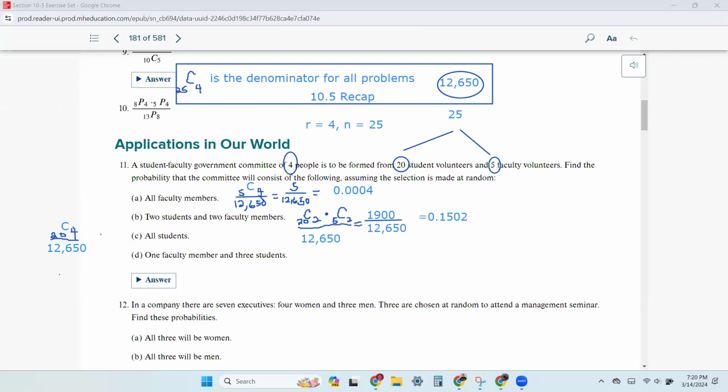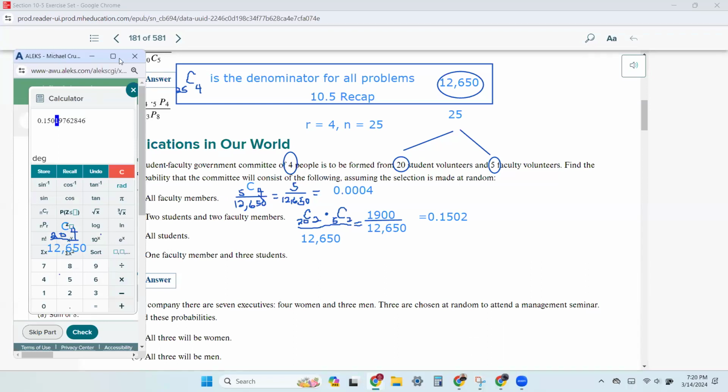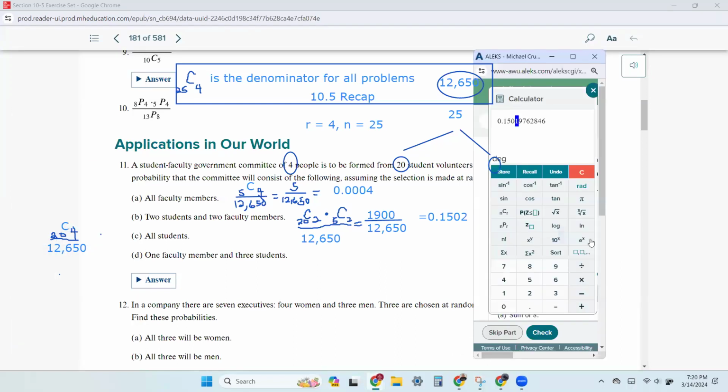All right, so let's do that on the calculator. Wherever that calculator is hiding, it's down here. So I'll put the calculator over here. So again, now we got 20. These are the number of students. We're doing combinations because we're not worried about order. And we're picking 4.